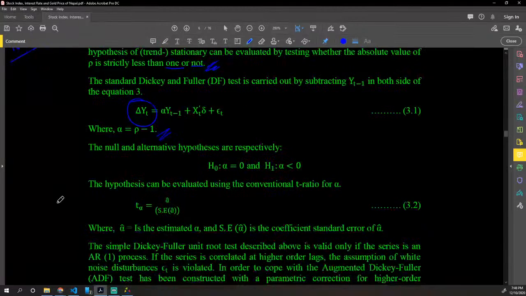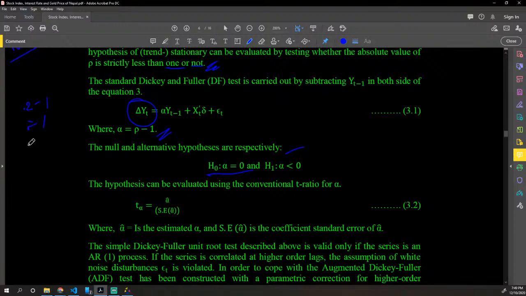The null and alternative hypotheses are respectively alpha equals 0 and alpha less than 0. So when does that happen? If rho is, let's say, 2, then 2 minus 1 will be 1, right?